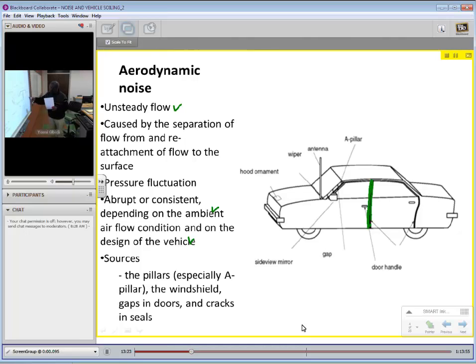The gaps in there will be sources of noise. So a high quality vehicle ensures that those things that we consider little things are addressed, and they are sealed. The quality of seal that's used also matters.